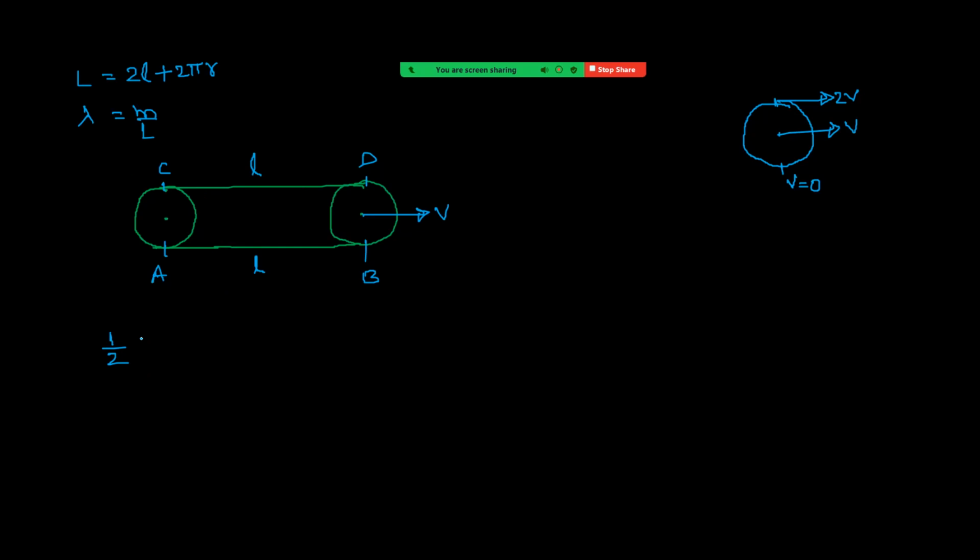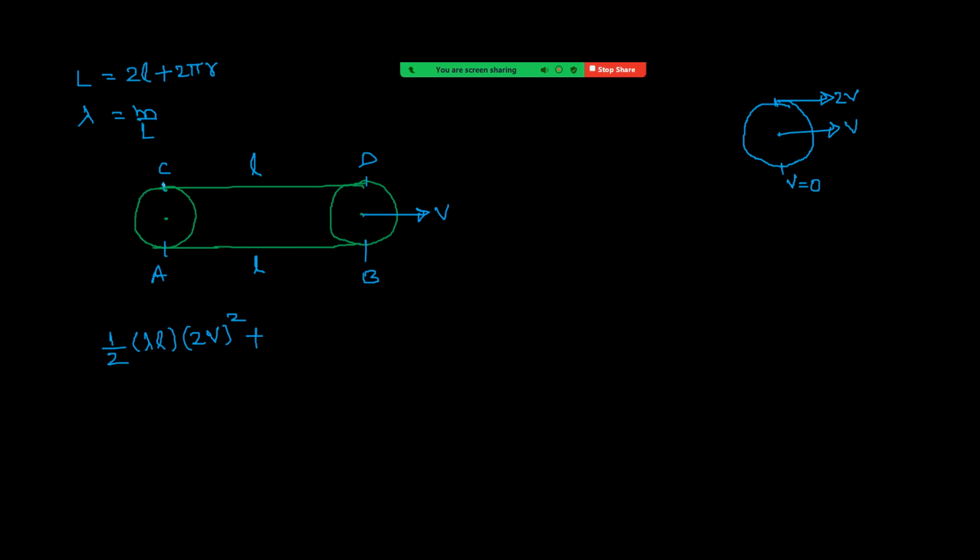Half lambda L, that is the mass of CD, into half m v square, with v value 2v whole square. This is for CD. For AB, 0. Now coming to AC and DB.